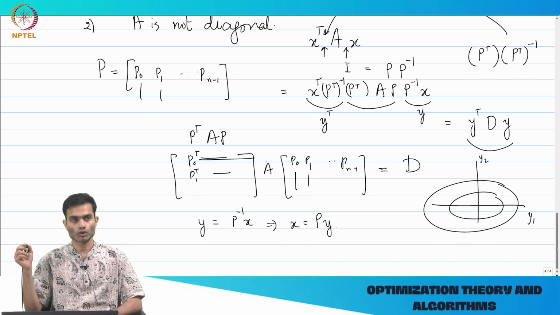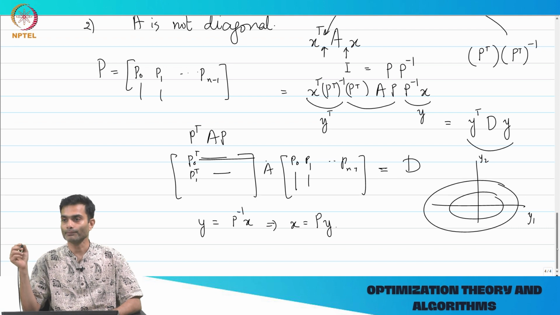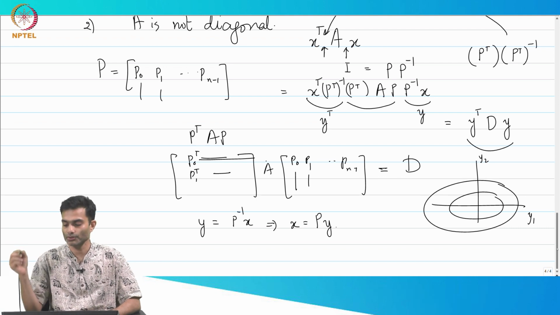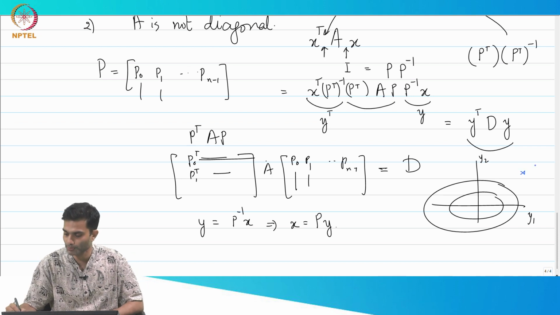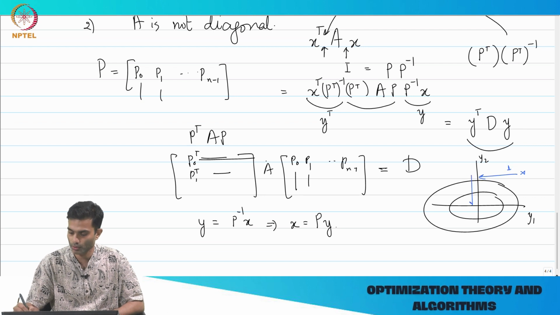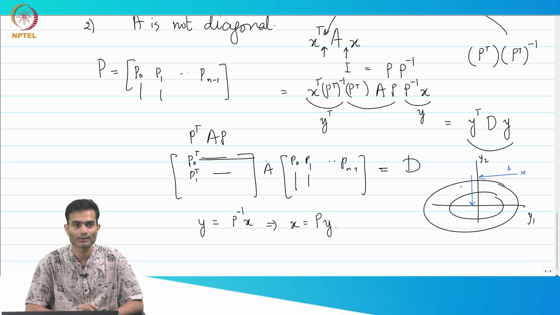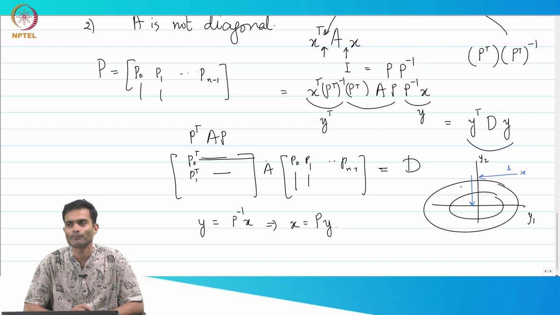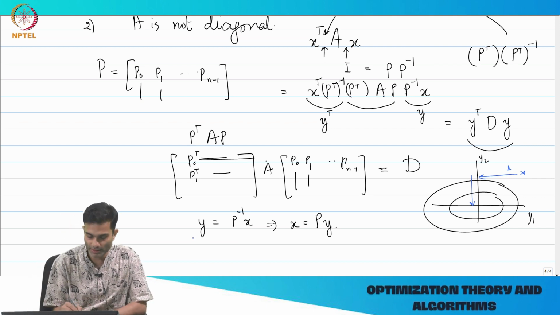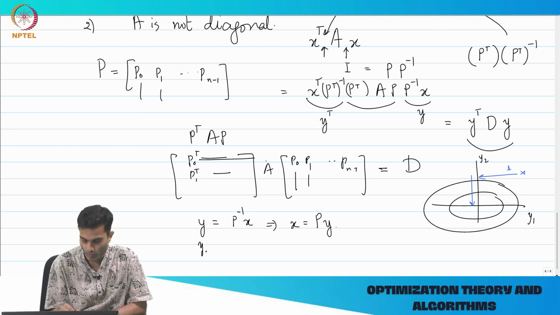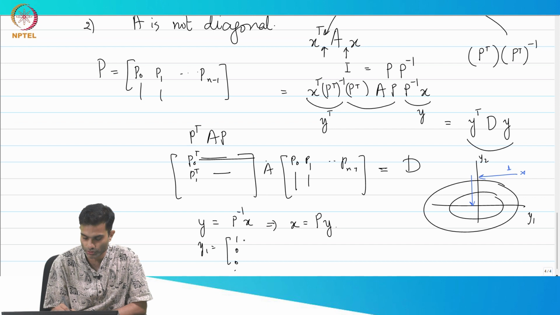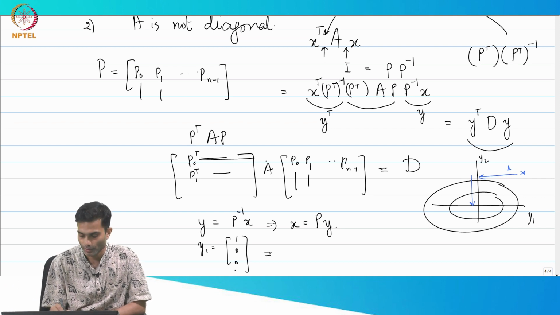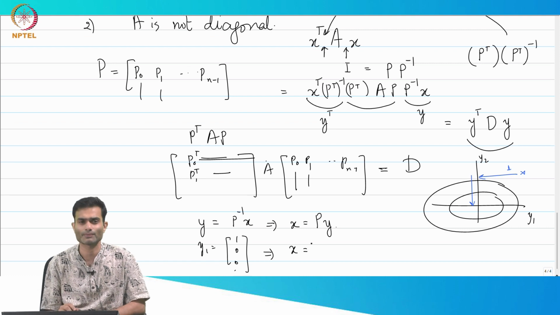So in the Y coordinate frame, the easiest way to solve the problem, supposing I am solving it in the Y coordinate axis, is exactly like case 1, right? First do this, then do this. So a step along the Y1 axis is what step in the X space? Let's take Y1 to be given by 1, 0, 0, 0. If I stick this in here, what am I going to get X as?